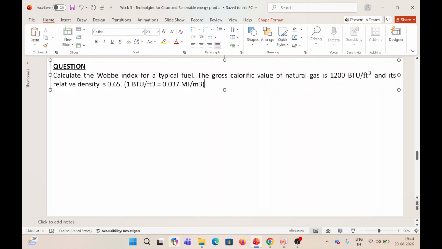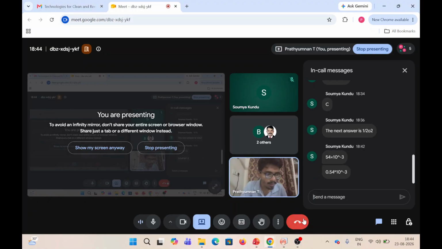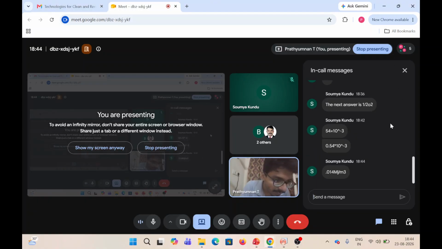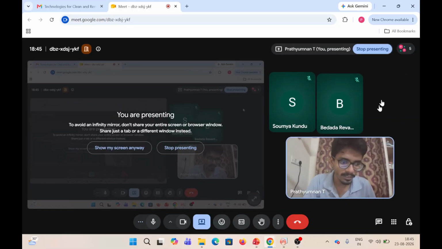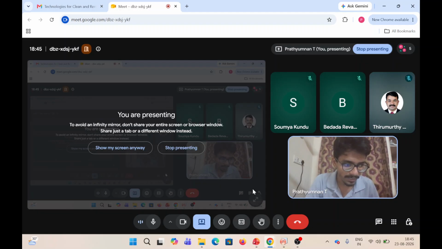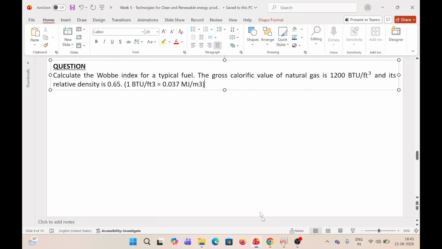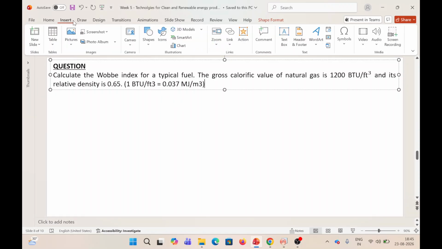How to solve or any answers so far? Okay, somebody has given an answer: 0.014 megajoule per meter cube. Okay. Since I got an answer, I can start solving the problem.